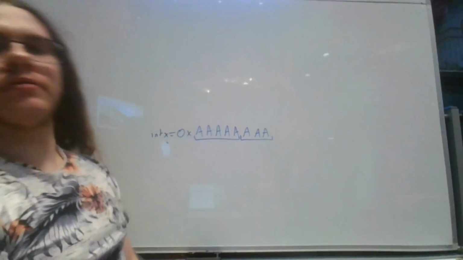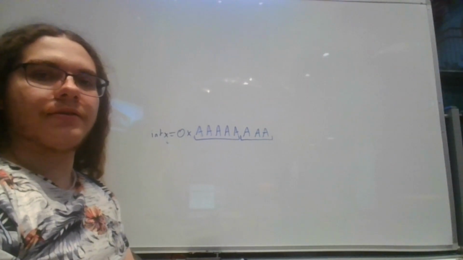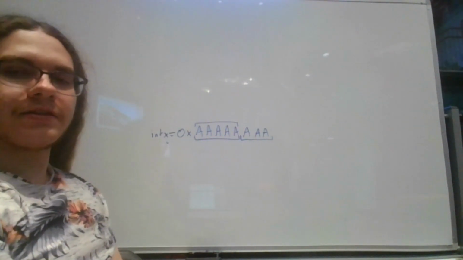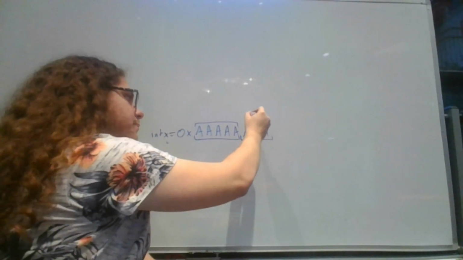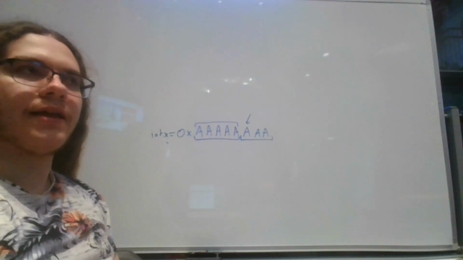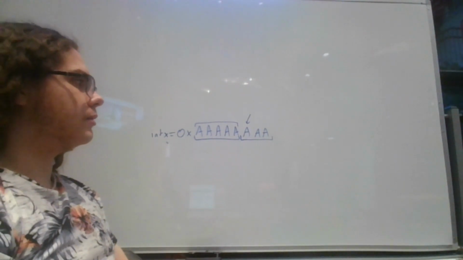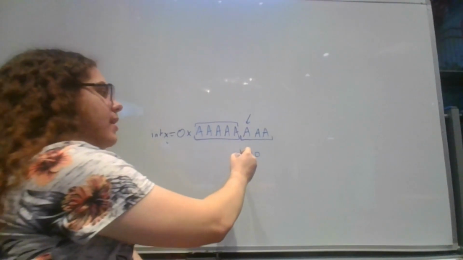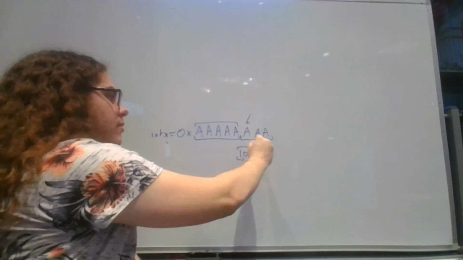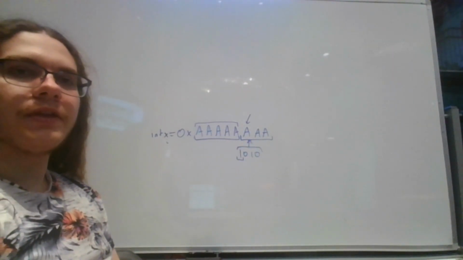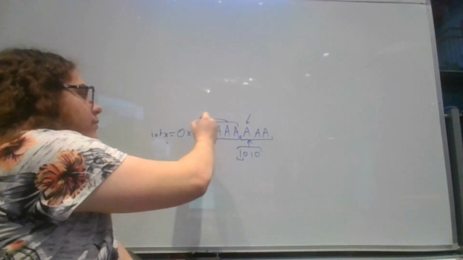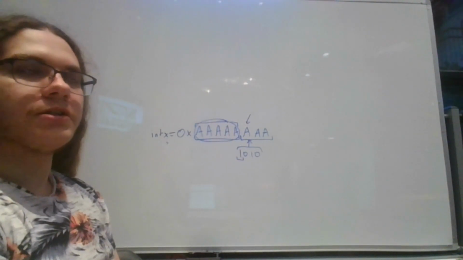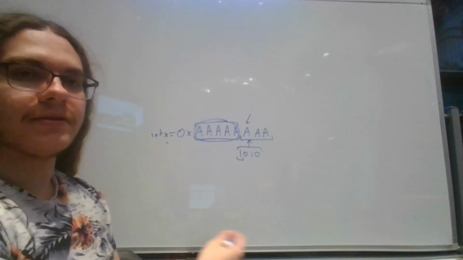The first thing we do is load my upper immediate, so the upper immediate is this stuff. And I have to ask myself a question before I do that: the bit right before I get to the 20 bits, is that a 1? If we look at the binary expansion of A, it is. That 11th bit of this A is indeed a 1. So instead of loading upper immediate all A's into my register, I'm going to load all A's and then a B at the end, because that's one more.